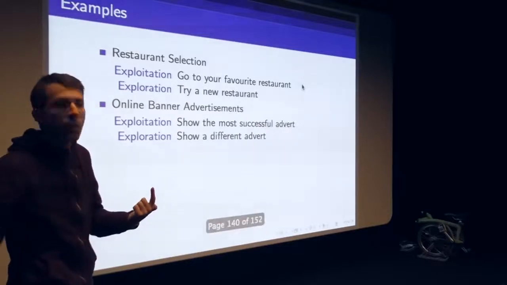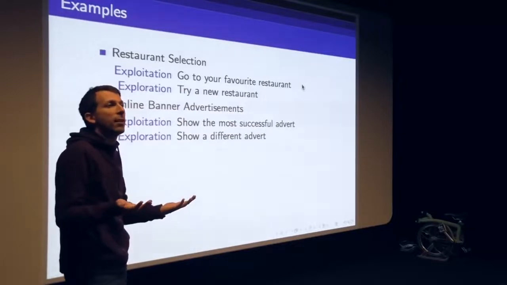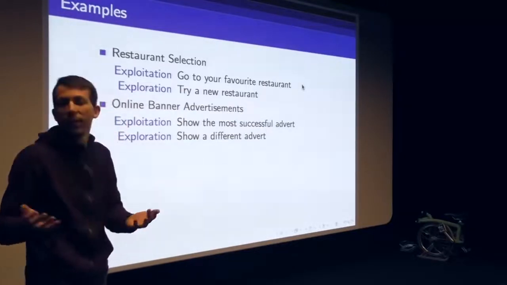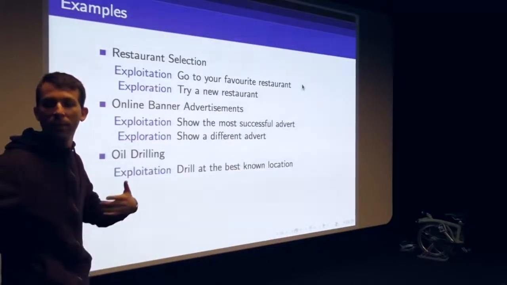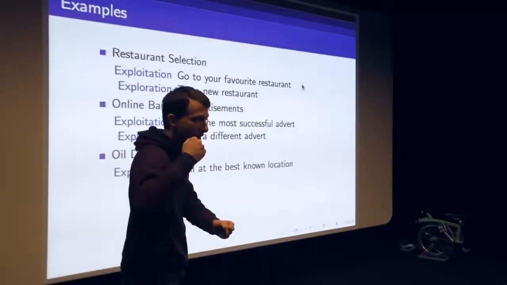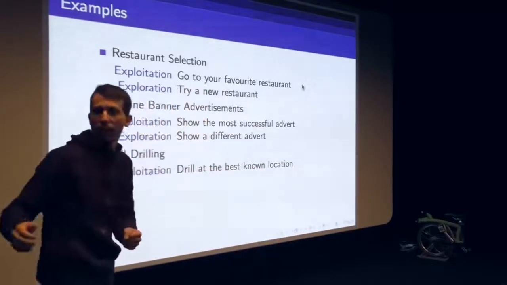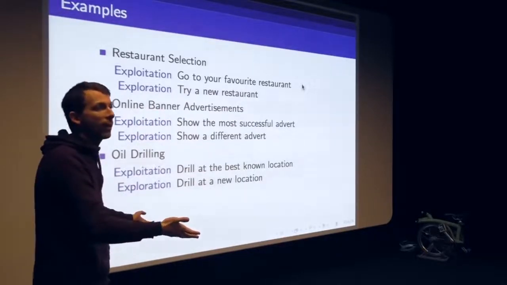But sometimes you also need to explore and show some different adverts that haven't been displayed before to see if people will click on them. And maybe those adverts will turn out to be better and make more income. Or oil drilling: you might want to drill at the best known location, so you know that there's likely to be oil over here, so maybe you just keep drilling and drilling. But sometimes it might be a good idea to try some new location, drill down a bit, and see if there's oil there.